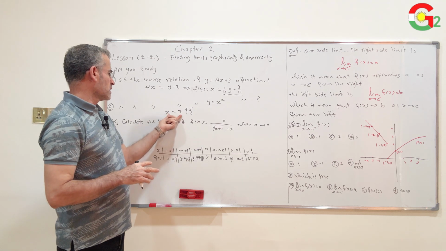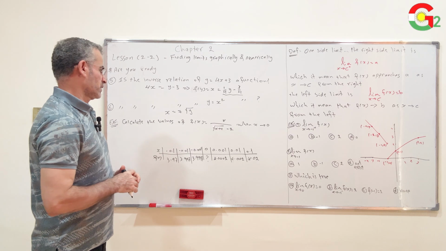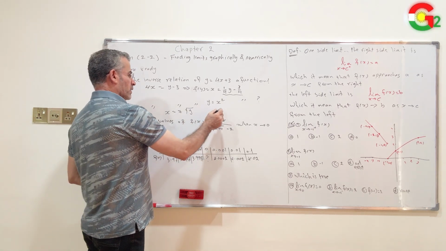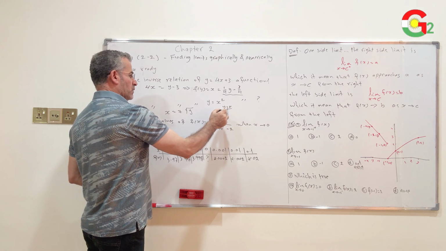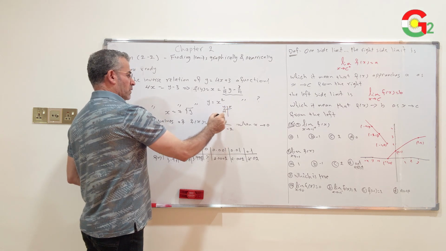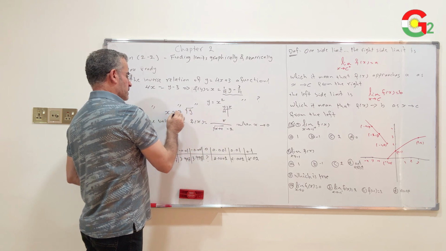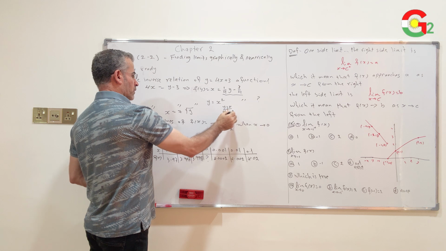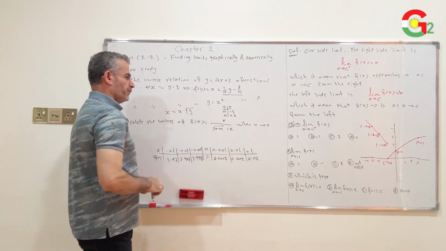For example, if we give y the value 4, then x equal negative 2 and positive 2.